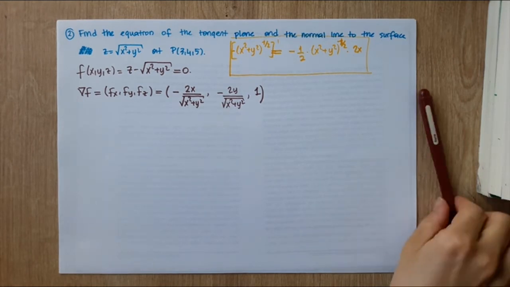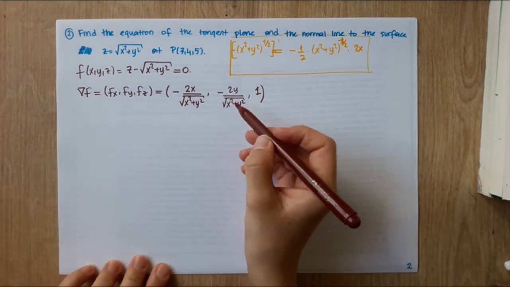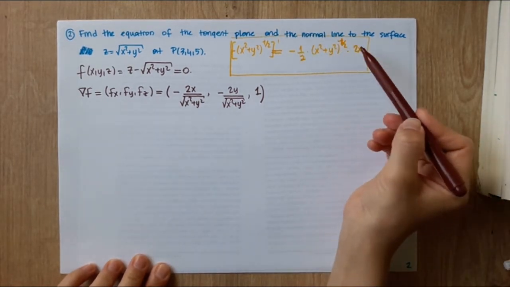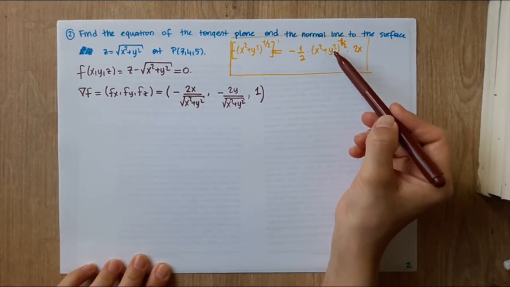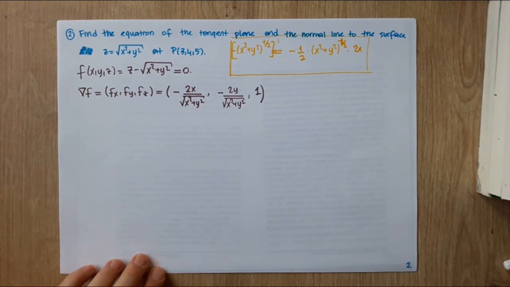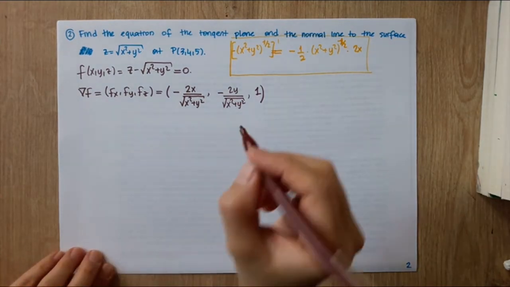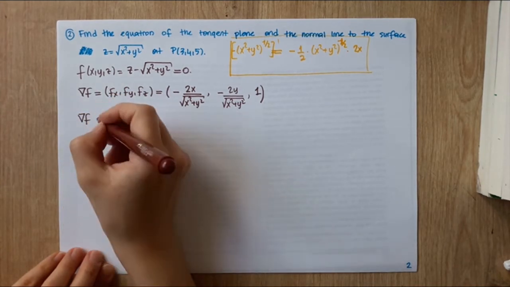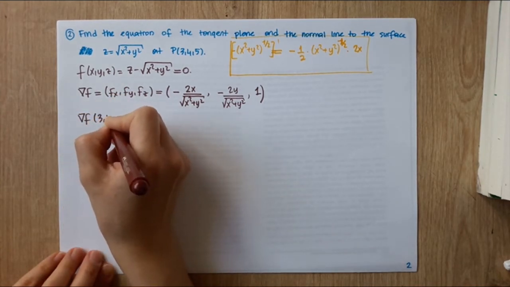And the second component also has the same result. This part is the same, but the derivative of the inner part with respect to y will be 2y. Okay, so let's calculate this gradient at the given point, 3, 4, 5.